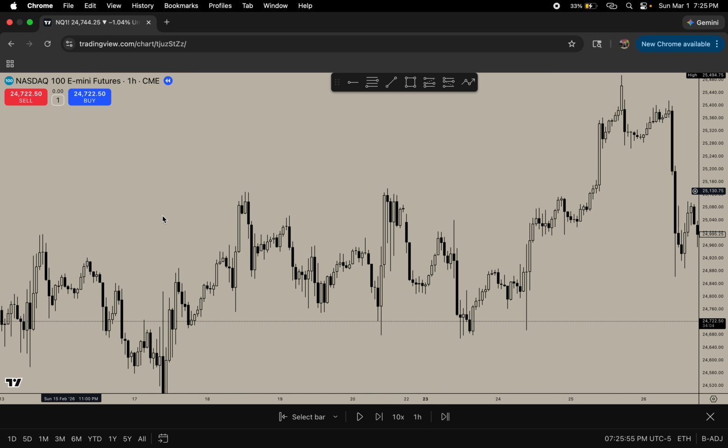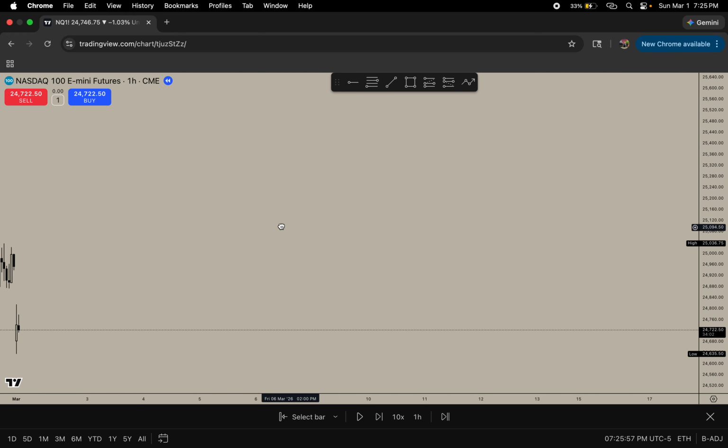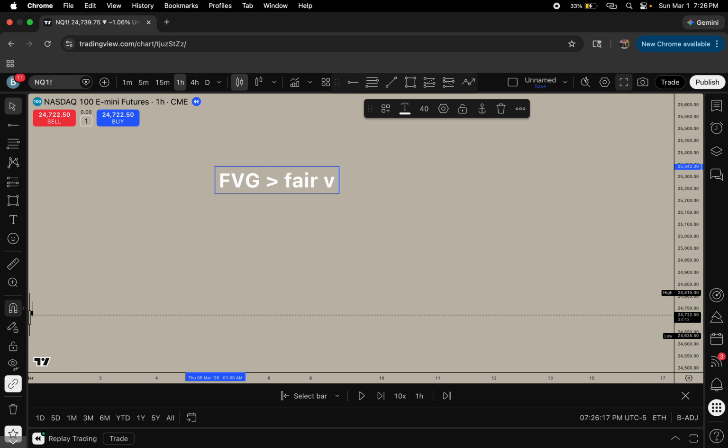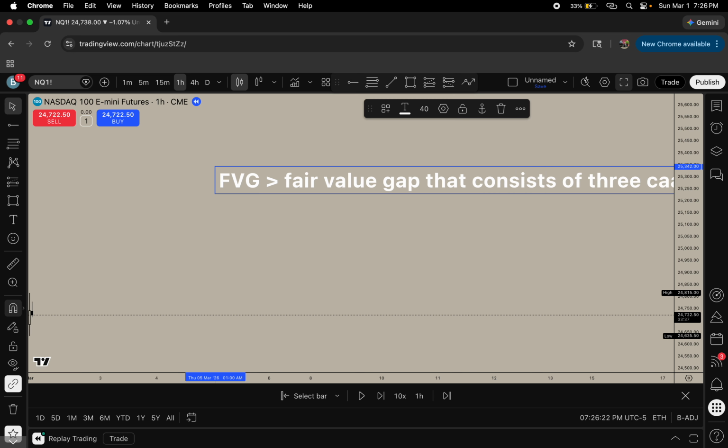So remember, guys, let's write this down for you as well. FVG would be a fair value gap that consists of 3 candles with a gap.